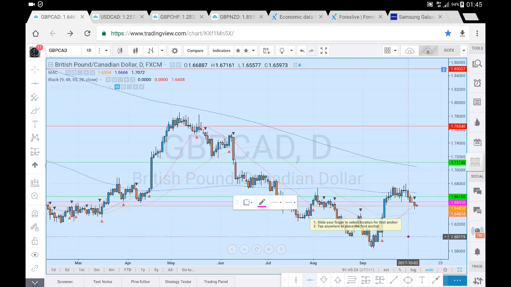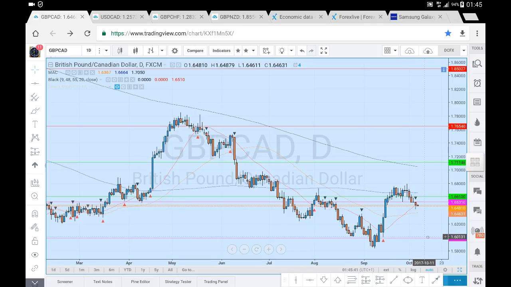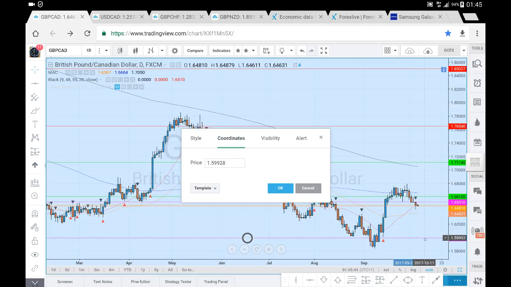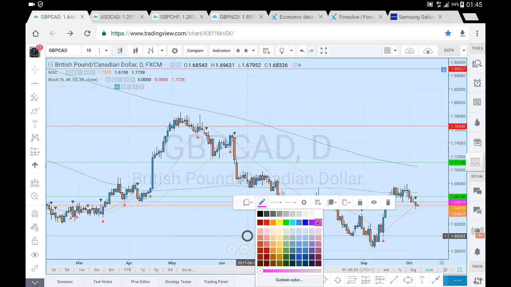160 being the level, and you know what, let's just go above that level slightly. Where is that? Come on. I'm not having that all the way down there. And let's change the color.